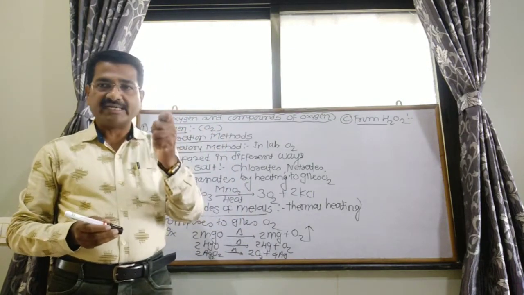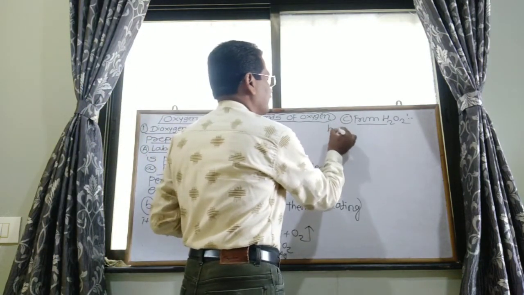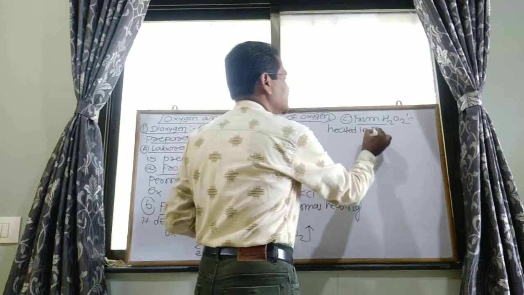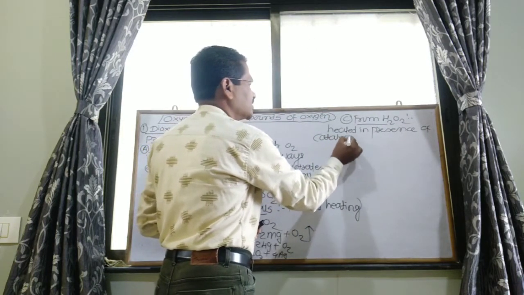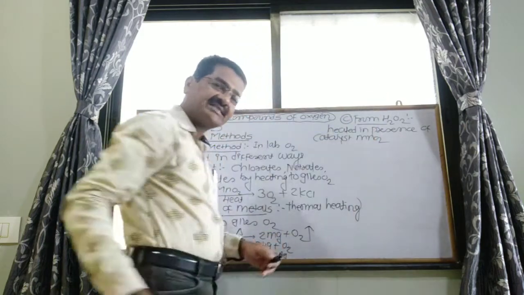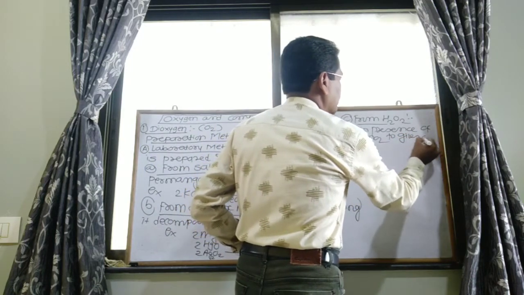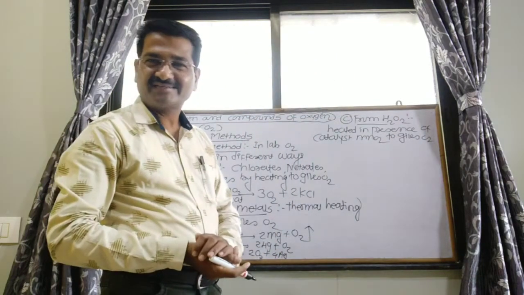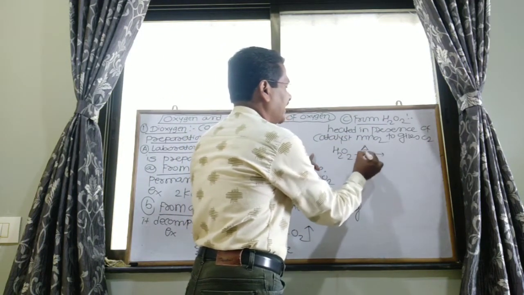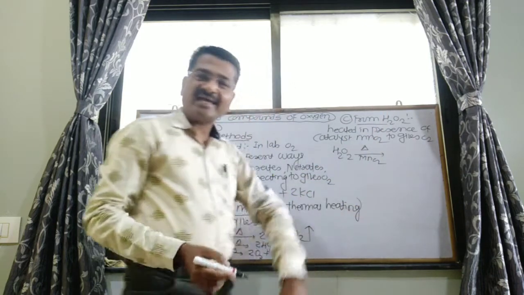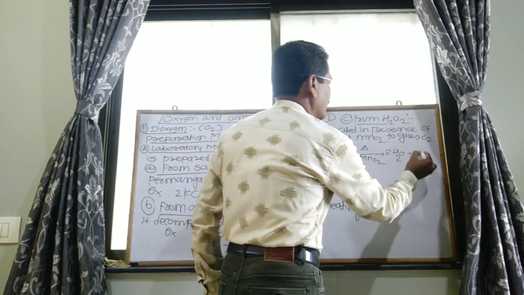When hydrogen peroxide is heated in presence of catalyst MnO2, manganese dioxide, it gives oxygen. H2O2 is heated in presence of MnO2, manganese dioxide. Then it gives 2H2O, water, plus oxygen.